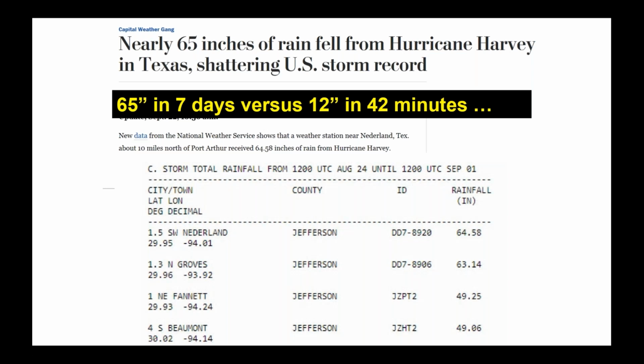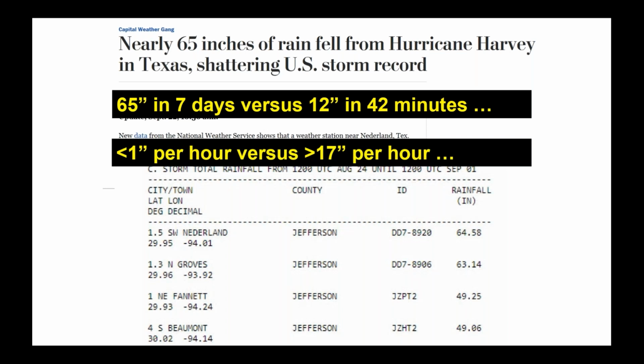But going back to this, what would you rather have, 65 inches in 7 days or 12 inches in 42 minutes? Well, if I state this a little bit differently, I think it might help you with your answer. 65 inches in 7 days, if that rainfall were to fall uniformly or at a constant rate, would be less than 1 inch per hour, versus 12 inches in 42 minutes, that's more than 17 inches per hour.